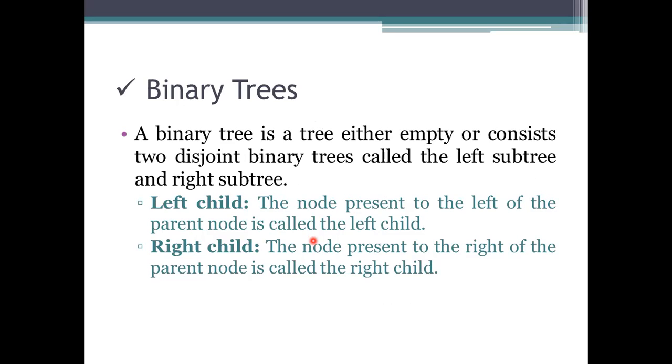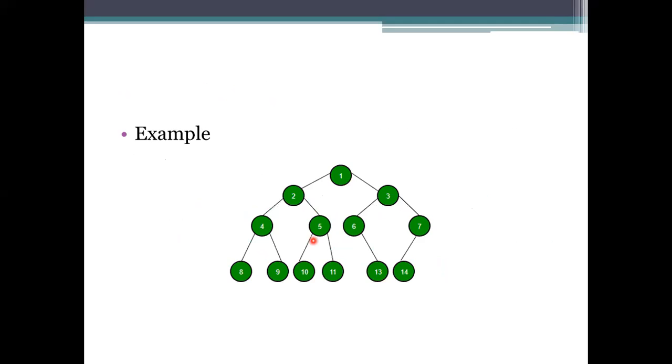The node on the left side of the parent is called the left child, and the other one is the right child. Here the elements are simply inserted in order.